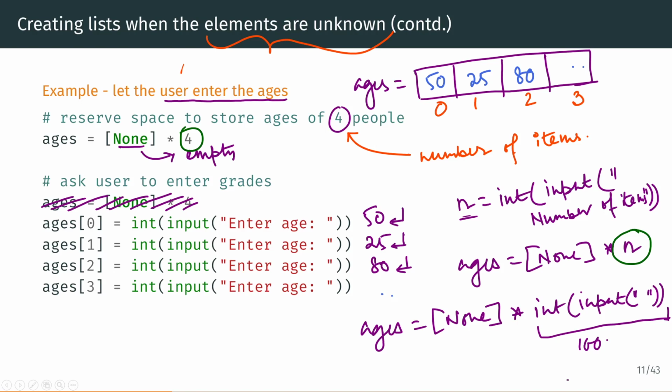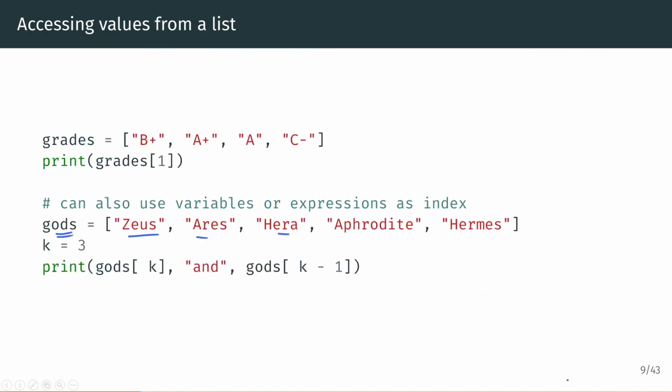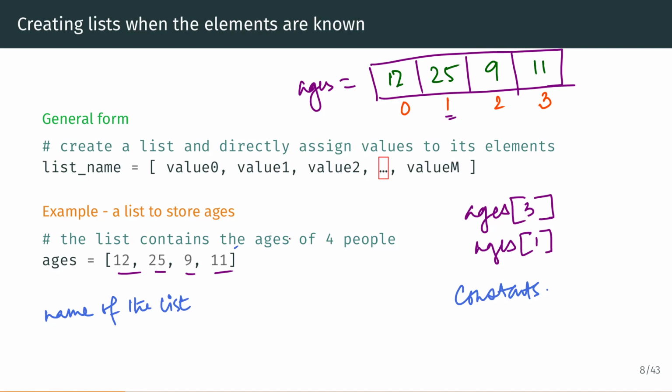So to summarize, creating lists when the number of elements is known can be done in two ways. The first one is if we know what the elements are, we can create a list like so. We can just say ages equals, or the list name equals, and then within square brackets we just say what the values are, separated by commas.